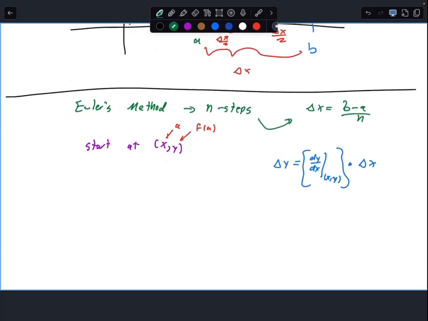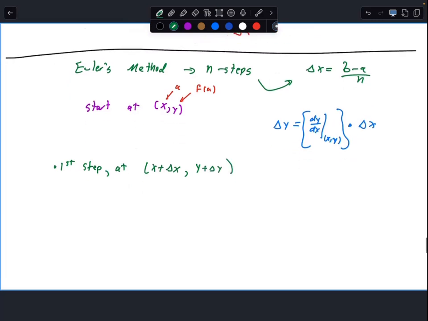So once we complete our first step, we will now be at the point x plus delta x, right? We moved across delta x, which is b minus a over n. And our y value will now be y plus delta y.